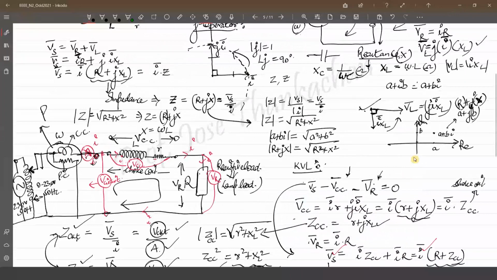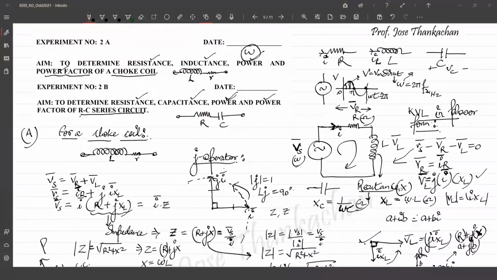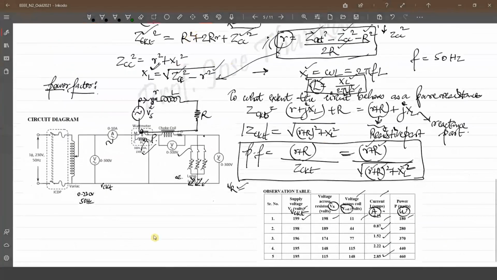is the B part. What is happening in B part? Okay, also I'll just show you what is the result table here. There's a result table also. So this is the result table here.